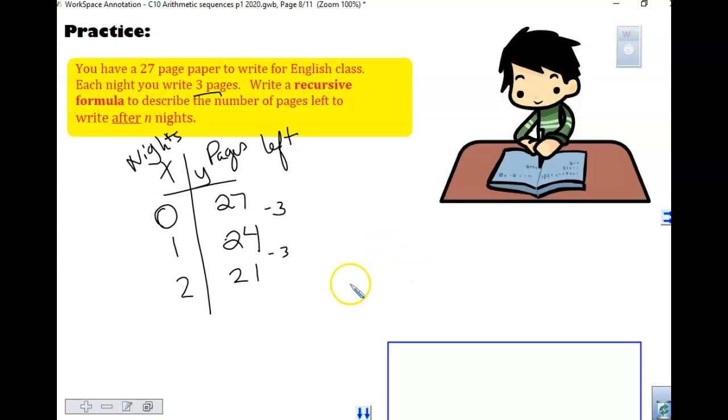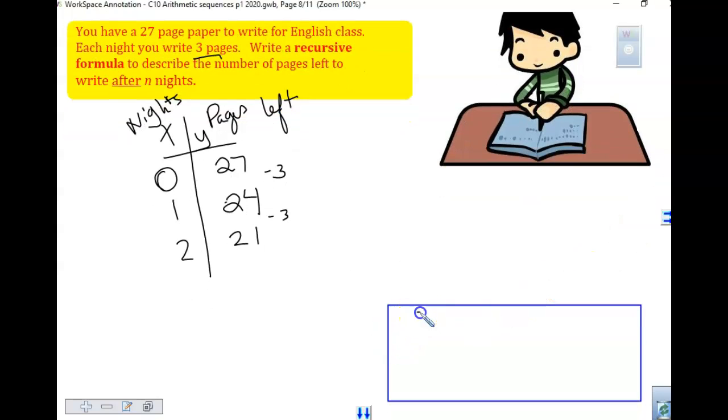The most confusing thing is that people want to start with a1 as 27. But if we are writing it, want to start me off? a1 equals 24. Yes. And then a sub n equals a to the previous thing, a sub n minus 1, I like it. Minus 3.